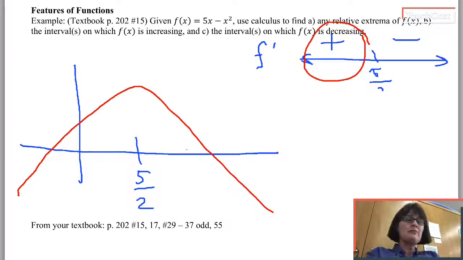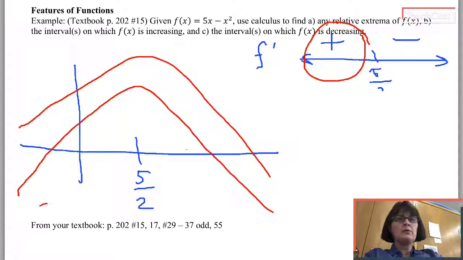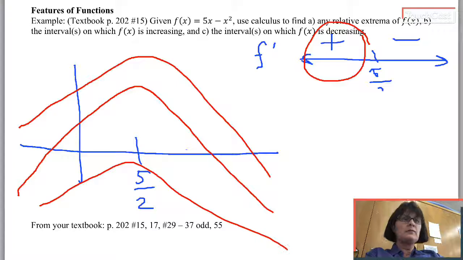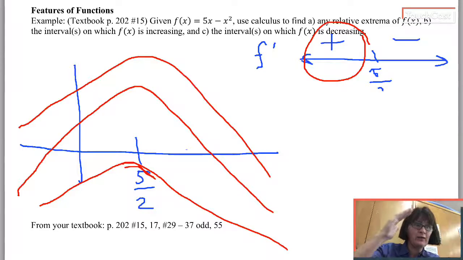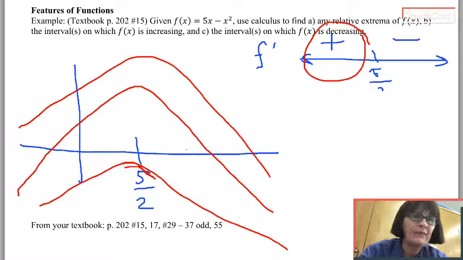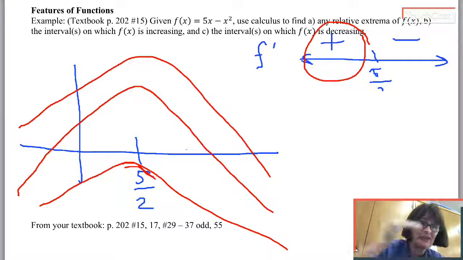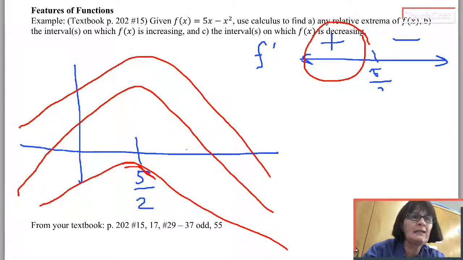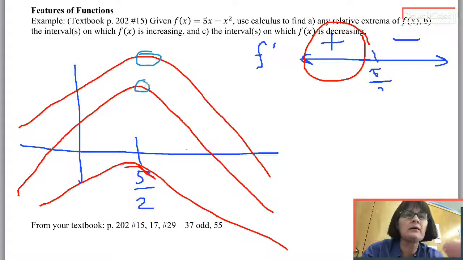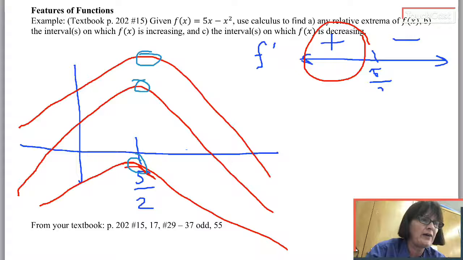So I could have drawn that graph higher up or lower down. But the thing that we know is at the place where x equals 5 halves, the graph changed from going uphill to coming downhill. So no matter how you draw that, and we don't have quite enough information to know exactly how high we should have made it, we're going to end up with a top of a hill at the place where x equals 5 halves.